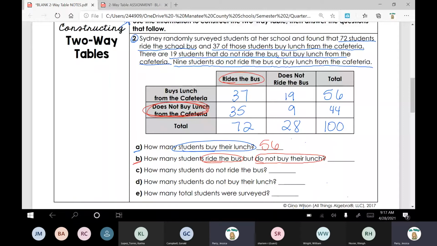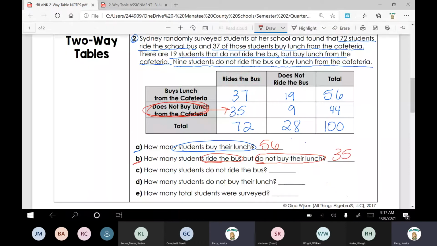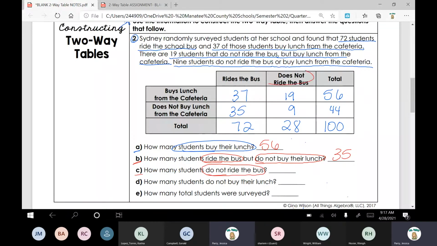Good. Next question. C, how many students do not ride the bus? We're only talking about one section, so does not ride the bus. So then we're just going to look at our grand total all the way down. Our grand total of 28.